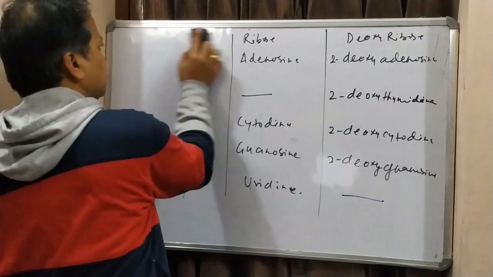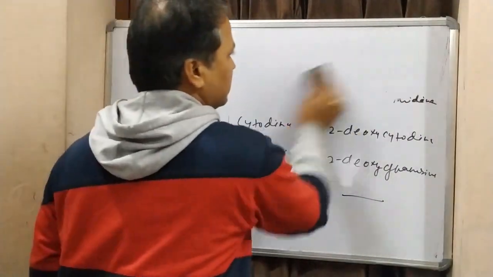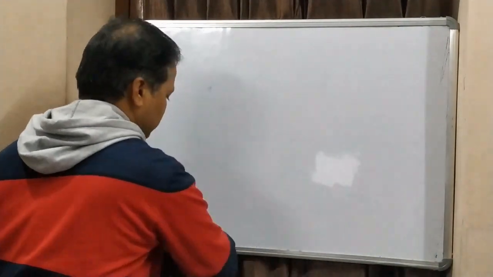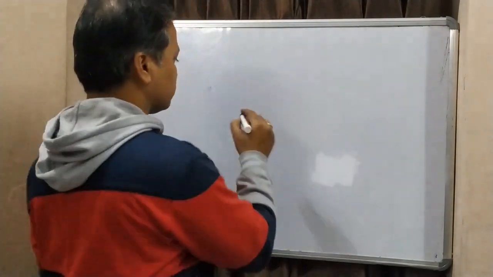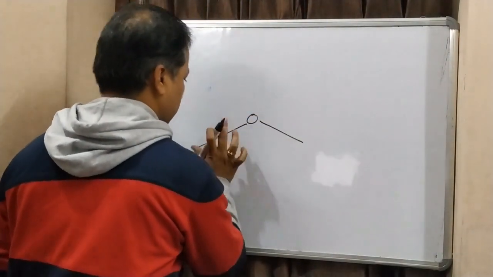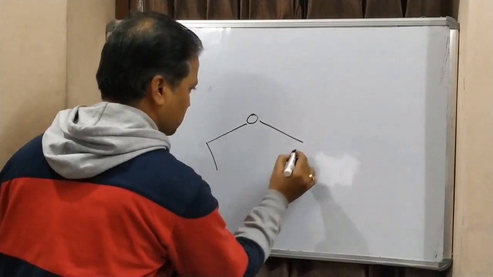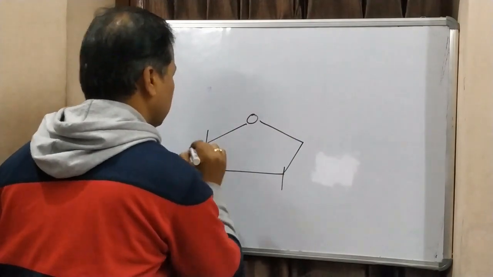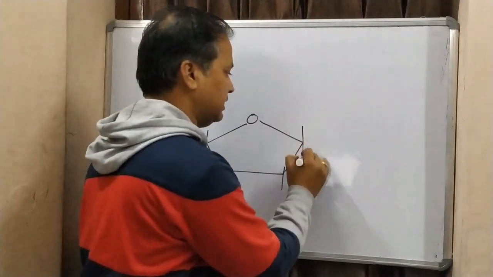Now we'll see how this is going to link together, how a nucleotide and nucleoside are going to form a bond. I'm going to draw a structure of a nucleotide for DNA.